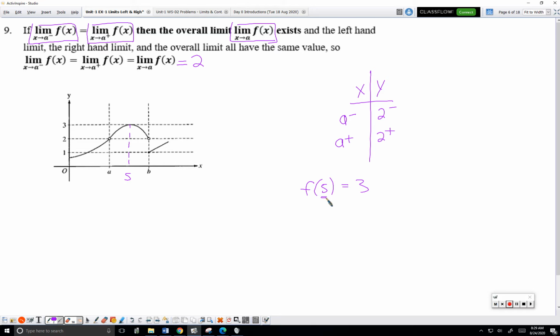But if I'm finding the limit as x approaches 5, I apologize for staying in front of the board, well, I have to think of both left and right. So in my brain, I'm thinking, okay, the limit as x approaches 5 from the left.